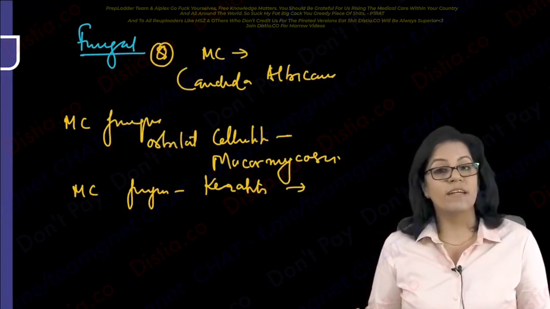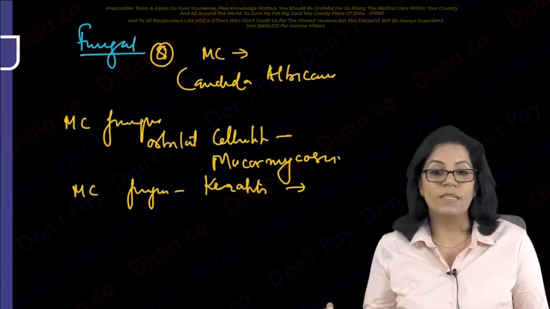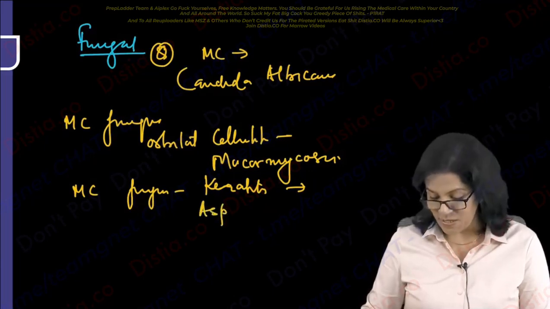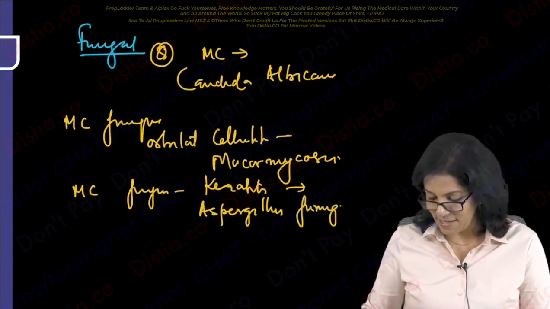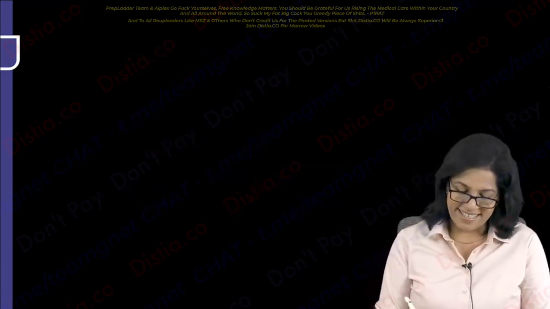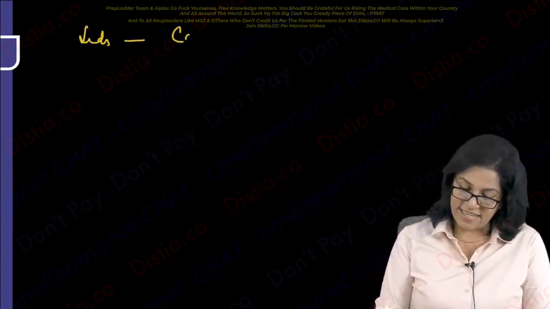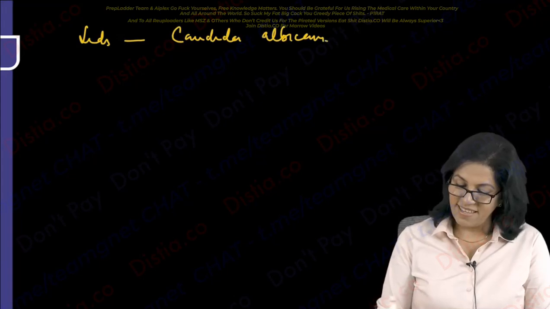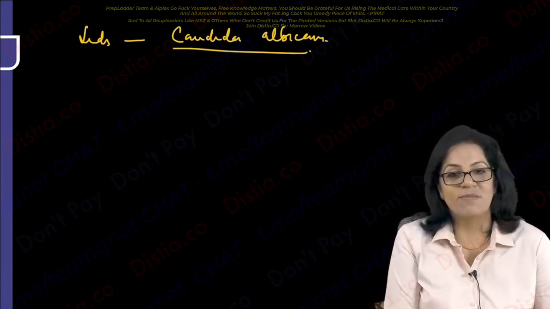Anyway, we'll discuss mucormycosis in the orbit. So most common fungus causing keratitis, I think everybody knows, Aspergillus fumigatus. Correct? Anything else left? What about the lids? For lids, again it is Candida albicans. So now I think you are thorough with the causes of fungal infection in the different parts of the eye.